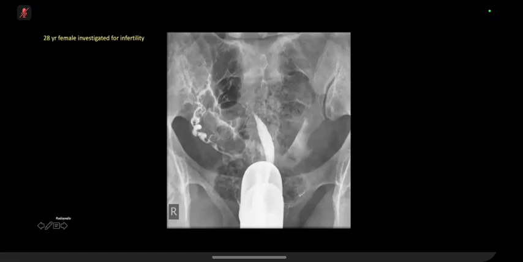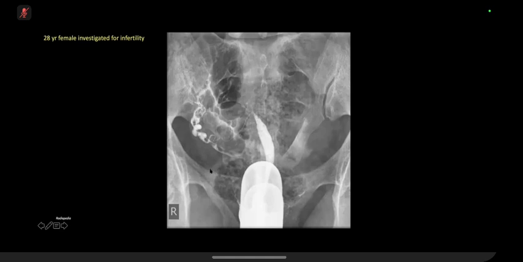I don't have a control, so this is where the speculum is already in the vagina, and the cervical os has been cannulated and contrast has been instilled, and a single uterine cavity that is not normal, not entirely complete.